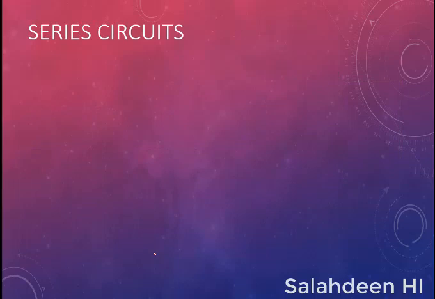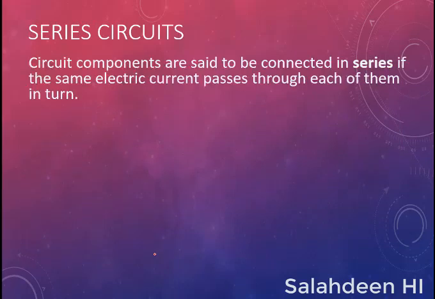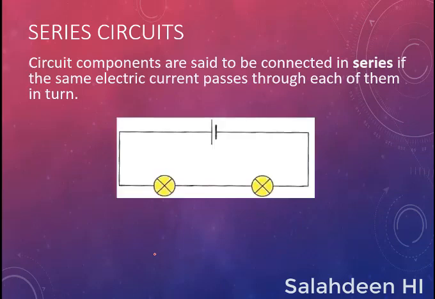Series circuits. Circuit components are said to be connected in series if the same electric current passes through each of them in turn. Here we have the circuit diagram. Here 3 amperes of current is flowing, and it enters the negative terminal.